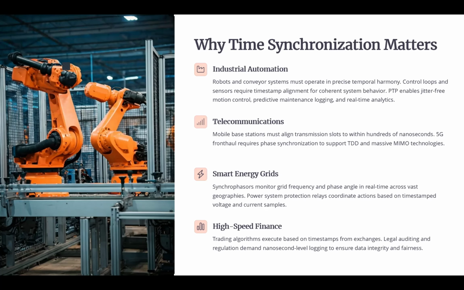Now, the precision time protocol that we are going to talk about, the PTP, basically makes the system able to have jitter-free motion control. We could have predictive maintenance logging or real-time analytics.